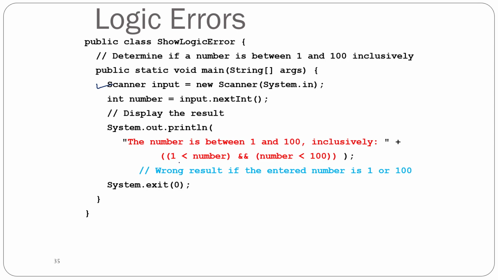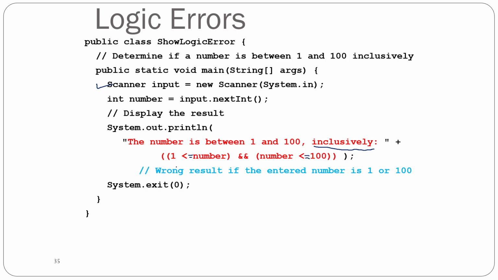When you are saying inclusively, that means this should be true even if you have the input as 1 and 100. So the operator that you're using is incorrect, right? It should be less than or equal to, less than or equal to, right? So that was the logical error.